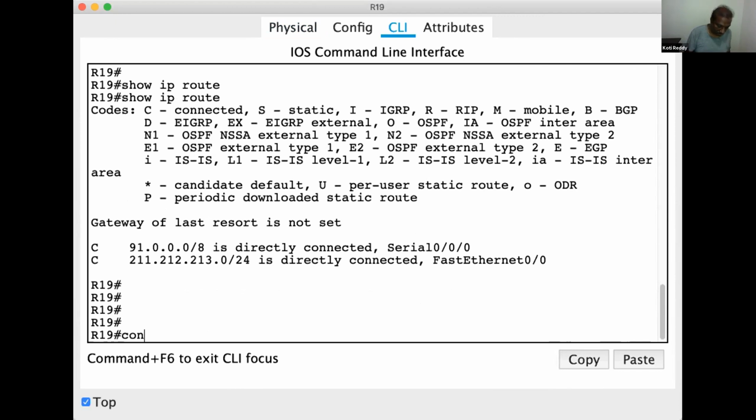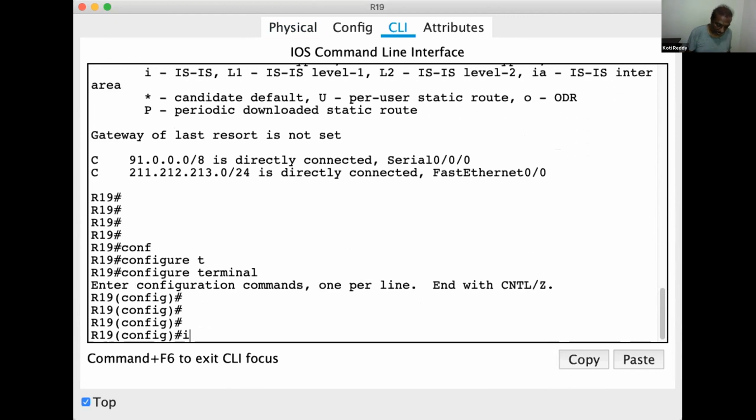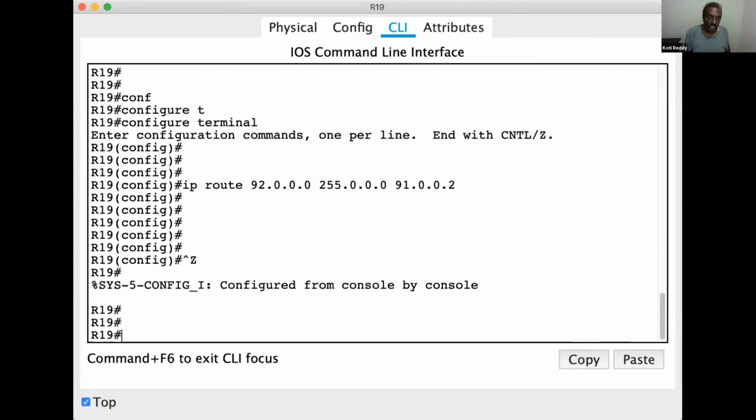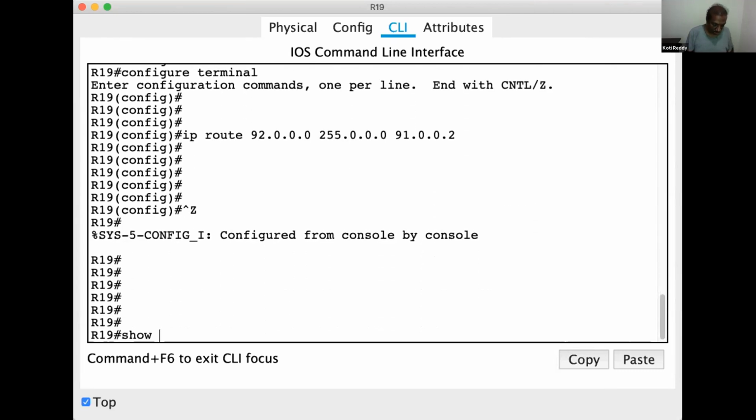So I say configure terminal, IP route for 92.0.0.0, 255.0.0.0, pass on the packet to whom? 91.0.0.2.